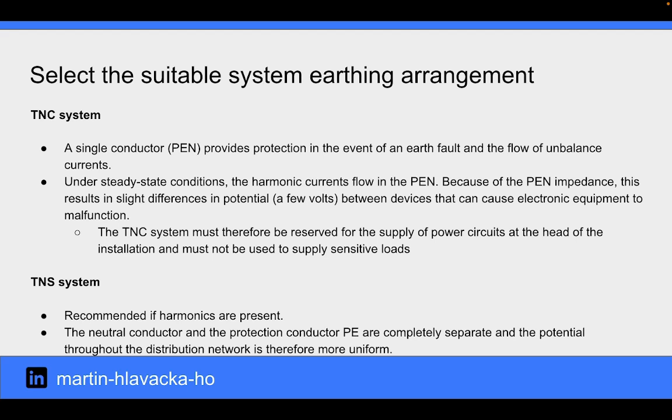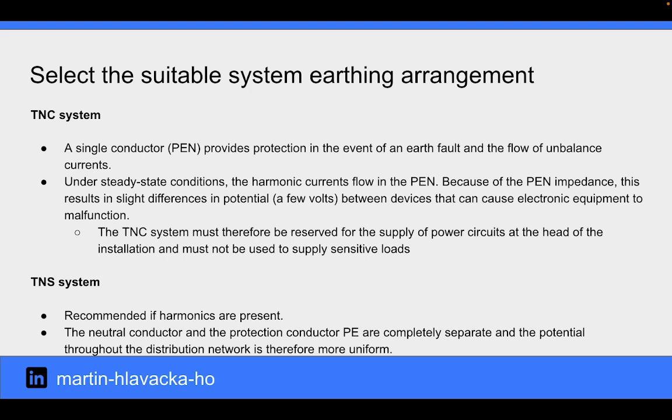Having a suitable system earthing arrangement is also important to manage harmonics. In the TNC system, a single conductor, the PEN, protects in case of earth faults and unbalanced current flow. Under steady-state conditions, harmonic currents flow in the PEN.